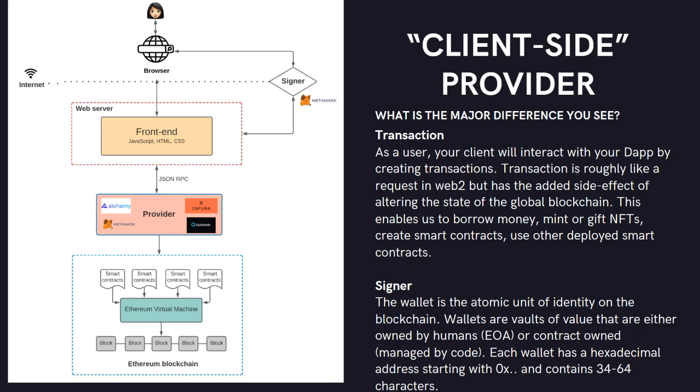So any smart contract on the blockchain would also have an address, which is the address that you would use when you create a transaction with that smart contract, I'm sorry. Right. I hope that is understood.